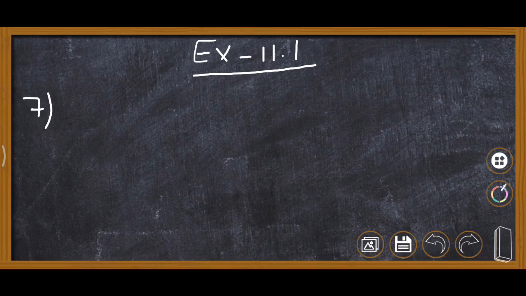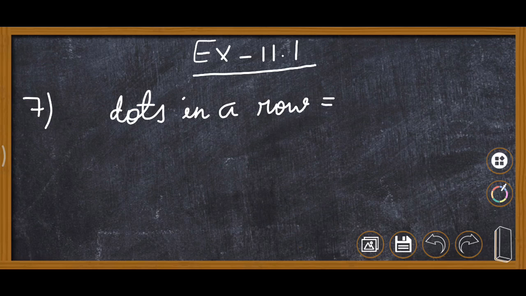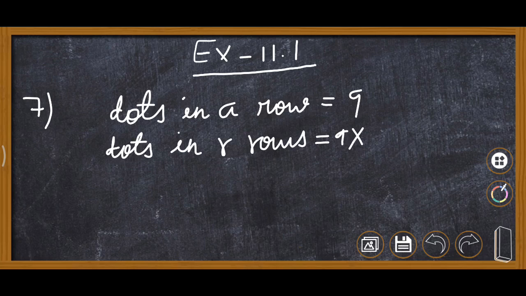Question number 7, 9 dots in a row. So we are required to write dots in a row, 1 row is equal to 9. Now it is asking for r rows. So we will write dots in r rows is equal to 9 multiplied by r, which is 9r.